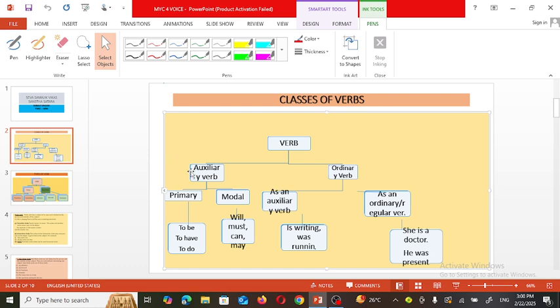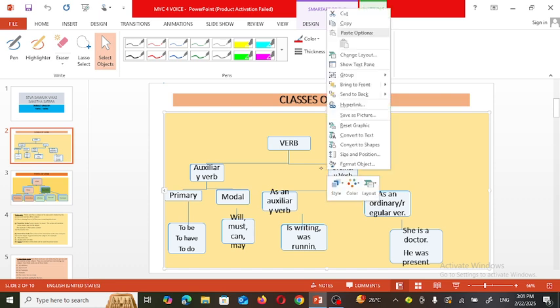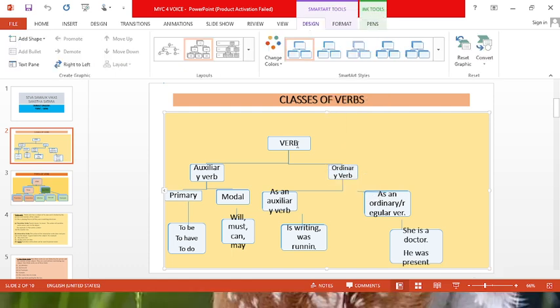For example, in the sentence "I am a teacher," here am is what? Auxiliary, and it's a main verb also. Whereas when I say "I am teaching grammar," teaching is an ordinary verb.